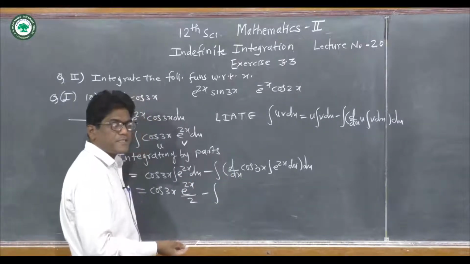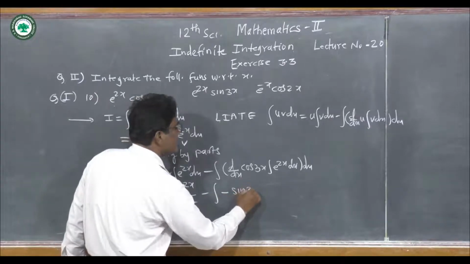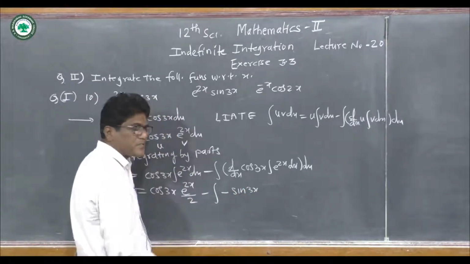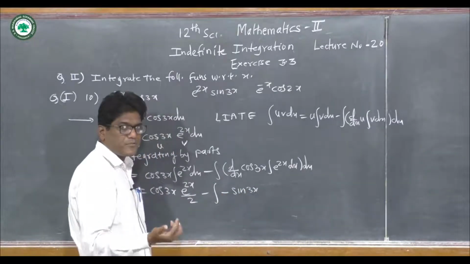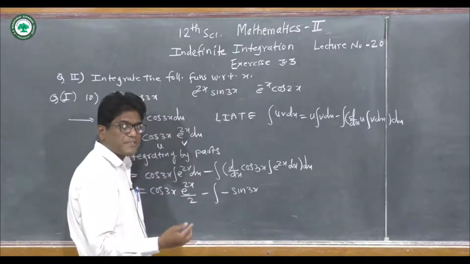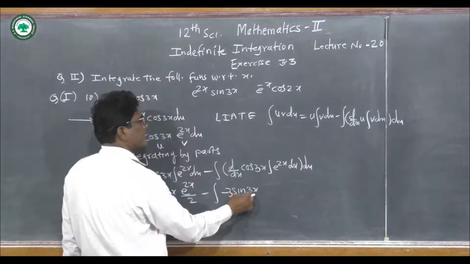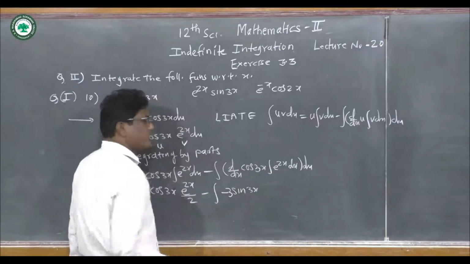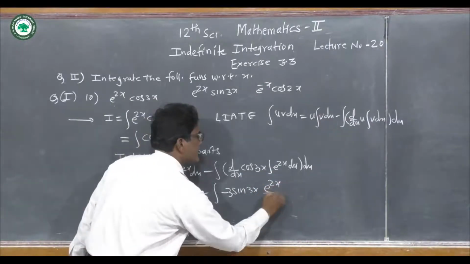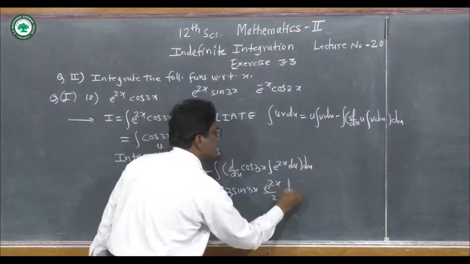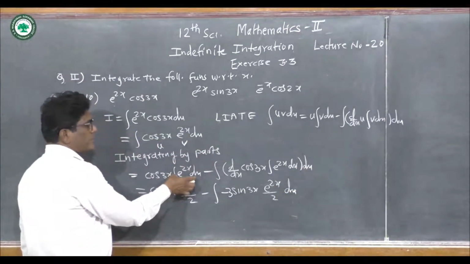The derivative of cos is minus sine of x, but in place of x there is 3x, so again take the derivative of 3x, that is 3 into the derivative of x, which is 1. So 3 into 1 is 3. So we write here minus 3 into sine of 3x. Again, the integration of e to the power 2x is e to the power 2x divided by 2, and this dx as it is. This integration of e to the power 2x dx we have calculated here.